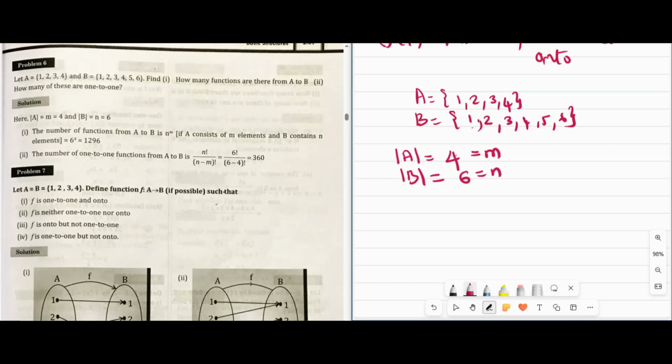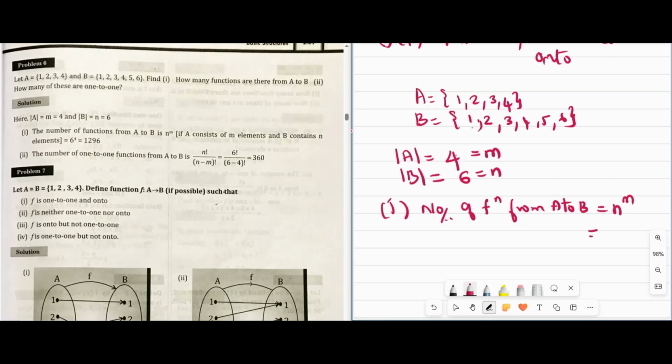We have learned the formulas. The number of functions from A to B equals n to the power of m.